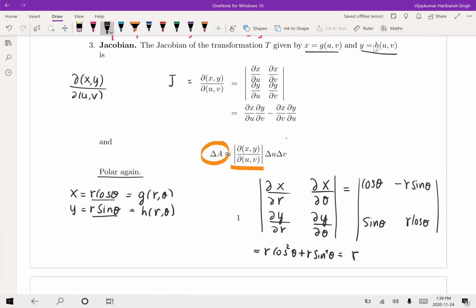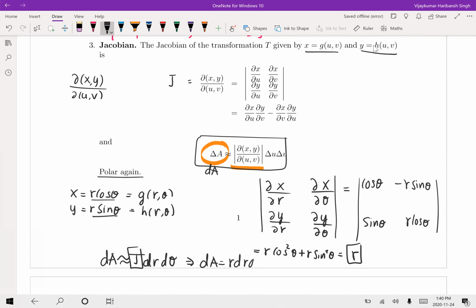So this result tells us that the area element dA, yeah, this is roughly like dA, is going to be J times dr d theta. And what is your J? J turned out to be r. So we get dA equals r dr d theta.